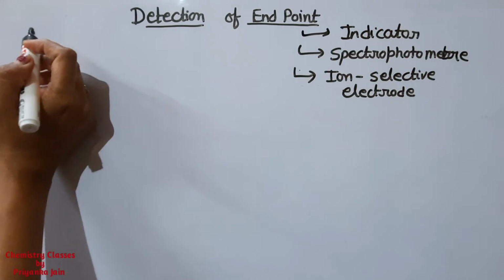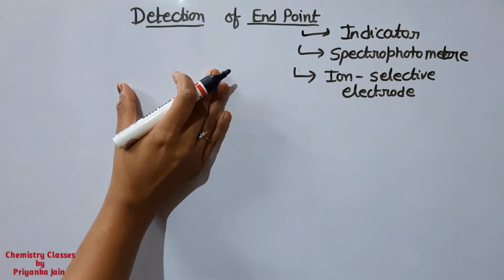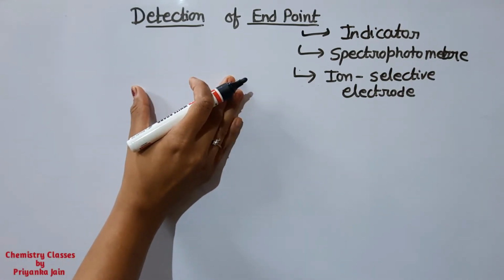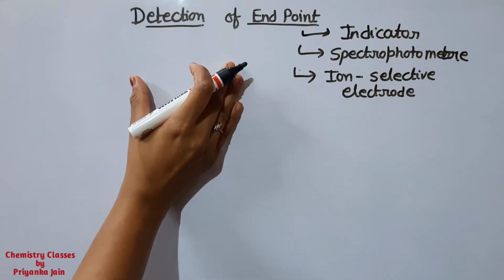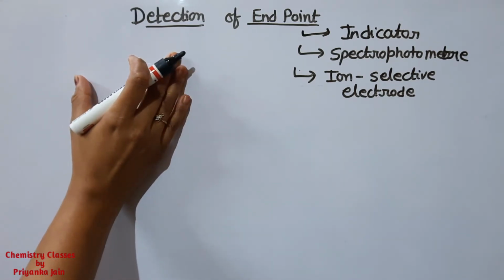So the indicators used in complexometric titration depend upon the pH of the solution we are using. Three indicators are basically used.